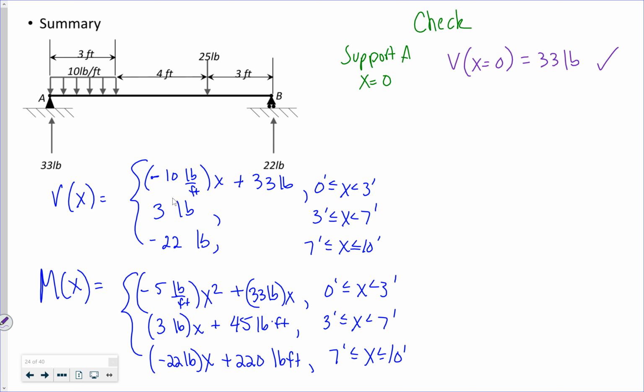If that vertical reaction was down, then that shear would be negative, not simply because the vertical reaction is down, but because that's my sign convention. My moment at x equal to 0 is 0, which is good because it's a pin.